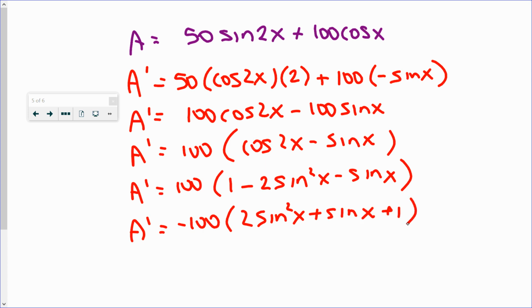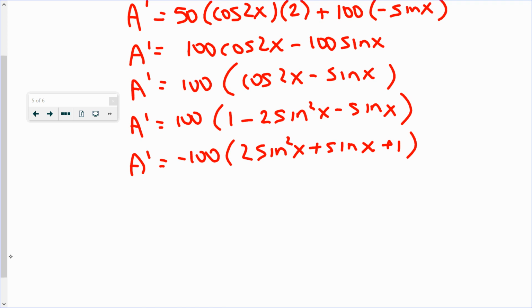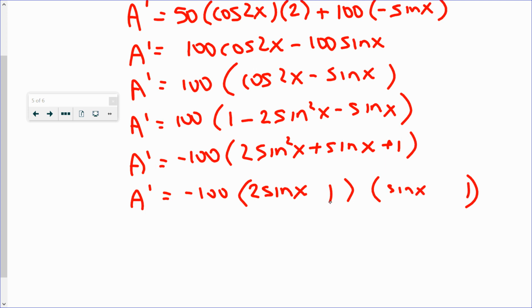Ooh, this is a very interesting question. Okay, so now I'm going to factor -100 times. They're really making us work for this critical value. Okay, so I'm going to factor this as 2 sine x and sine x, 1 and 1, and this is going to be positive and negative. Oh, I just noticed I made a mistake here. This, when I factor out that negative, should be a -1.